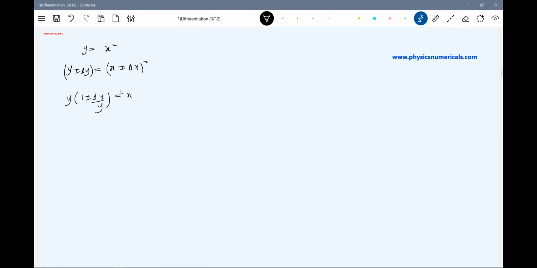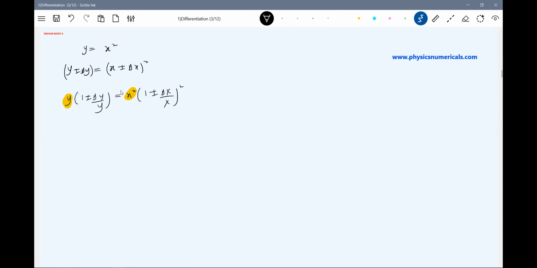Then this y, I'll take x square outside, delta x by x square. Everyone knows these two will cancel out, because y equal to x square is what is given.